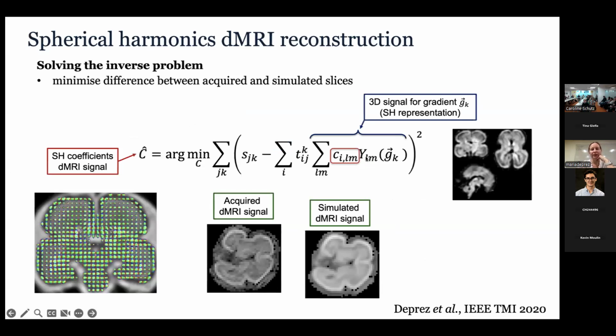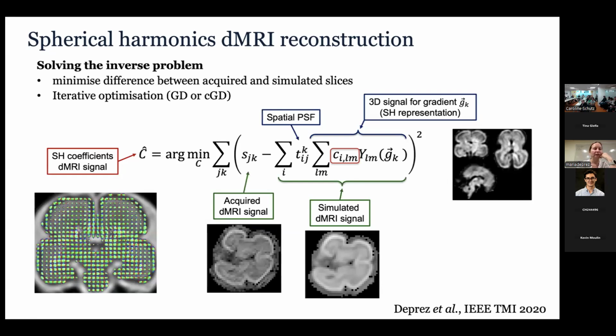Y are the spherical harmonic basis functions that you can sample for a particular direction, and if we sum it up, we get the 3D signal, and T is the point spread function, the same as for the structural. So this is the simulated diffusion signal, the slice, and this is the acquired slice, and then we have the iterative optimization, gradient descent, or in the dHCP data conjugate gradient descent, which is a bit better. And it's basically the same thing.